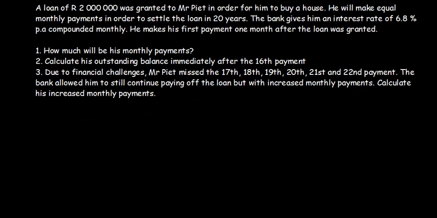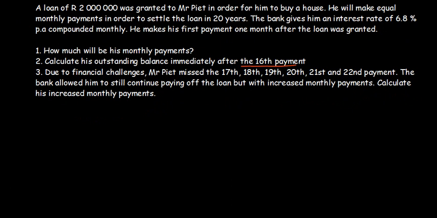However, I'm going to show you that the trend of these questions is always the same. The question will always ask you about an outstanding balance on the 16th payment, and then they are going to tell you that the person missed the next payments, 17th, 18th, 19th, and so on. Go and check all the previous papers. That's how they usually ask it.